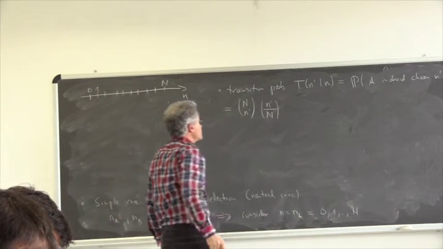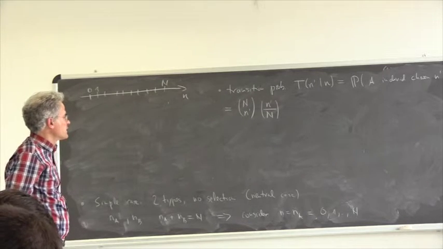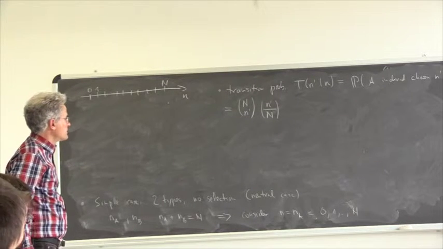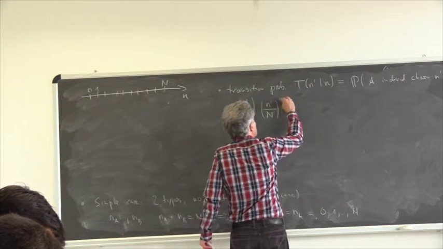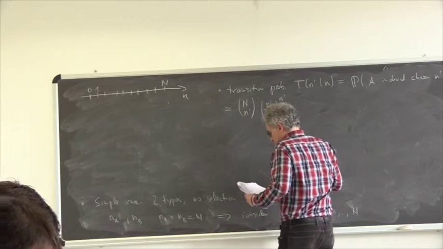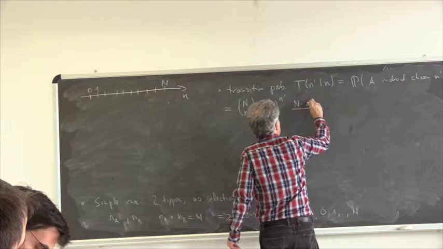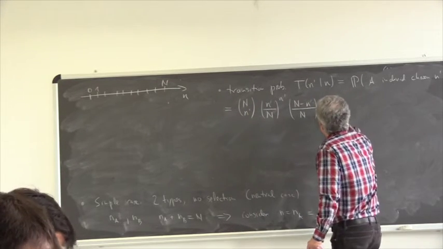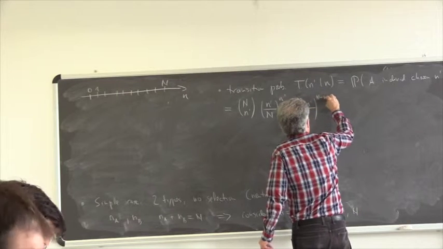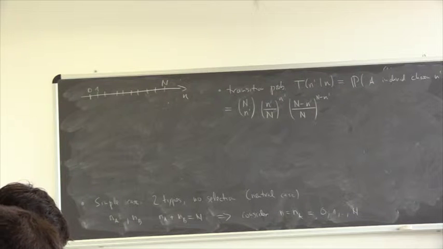This is the probability, since there are n individuals in the previous generation, the probability of choosing an A individual is small n over capital N, and this has to happen n prime times, and the other choices have to be for a non-A individual, a B individual, and this will happen with probability (capital N minus small n) divided by capital N, to the power N minus n prime.